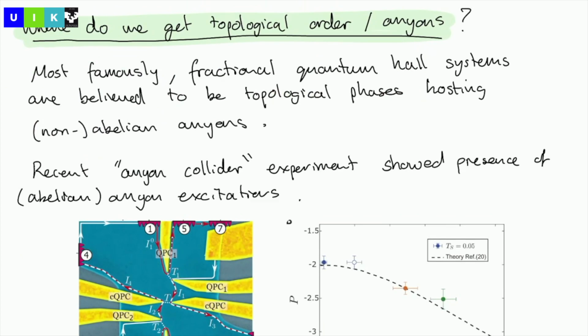Okay. And as a final part of this background, before I start talking about these anyons, where do we see these anyons? What kind of experiments or systems do we find them in? I think the most famous example is in fractional quantum Hall systems.